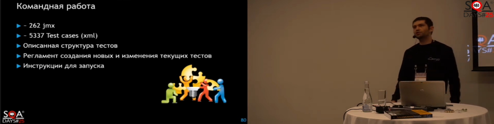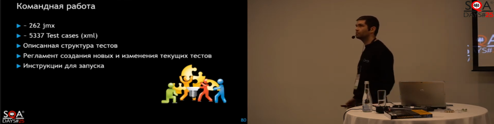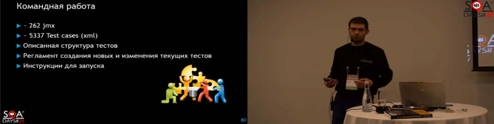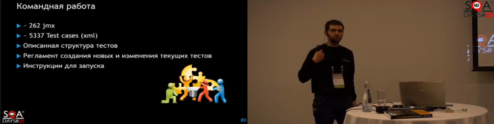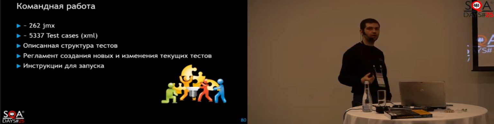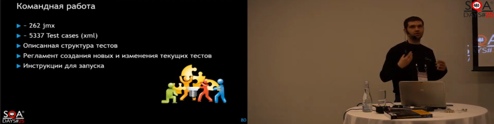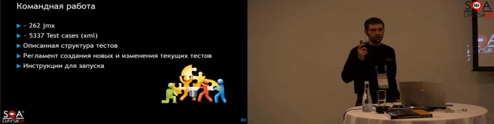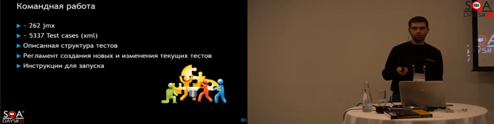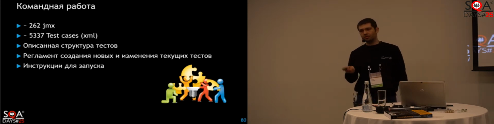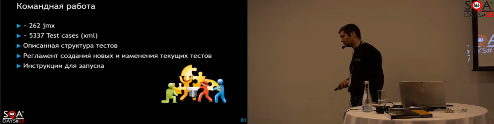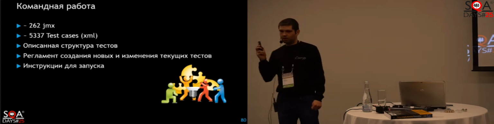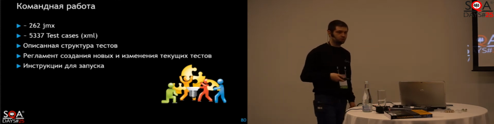It was very difficult to come to terms on how to make JMeter files correctly. You cannot merge them. That's why we made test cases in XML and sent XMLs. It was very convenient. The only thing is to create the rules for how to merge everything and how to use the kit.